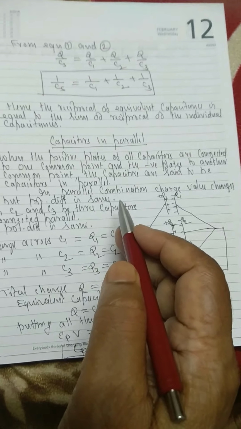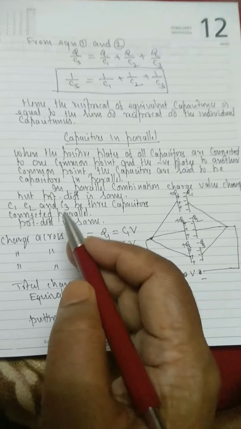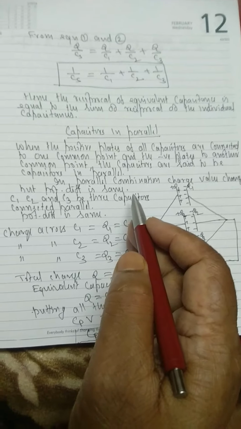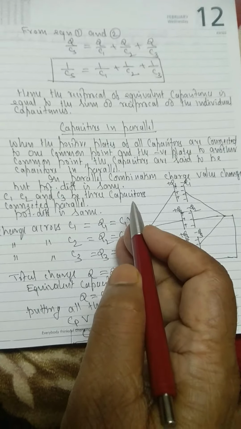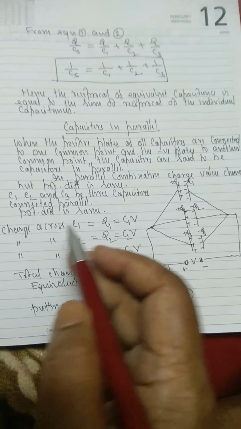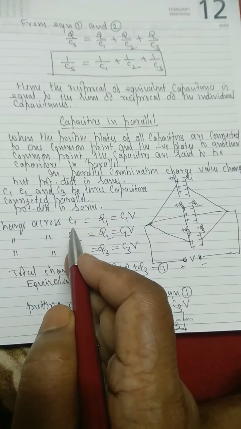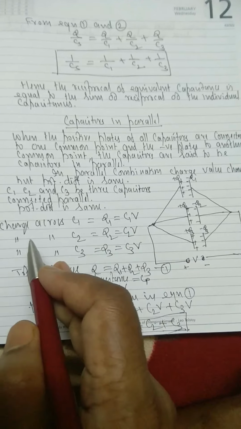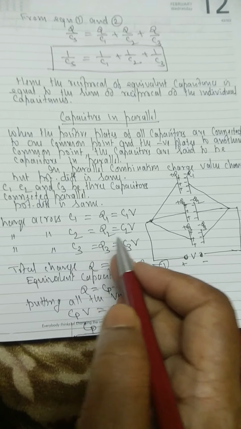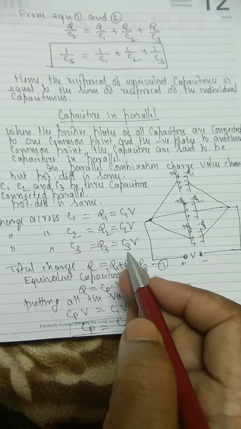In parallel combination, the charge value changes but the potential difference is the same. With three capacitors C1, C2 and C3 connected in parallel, the potential difference is the same. So the charge across C1 is Q1 equal to C1V, across C2 is Q2 equal to C2V, and across C3 is Q3 equal to C3V.